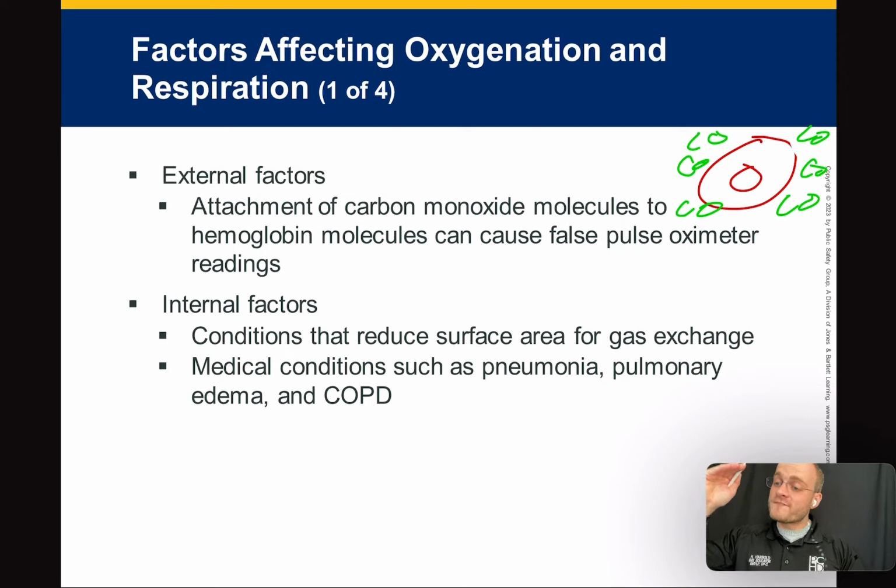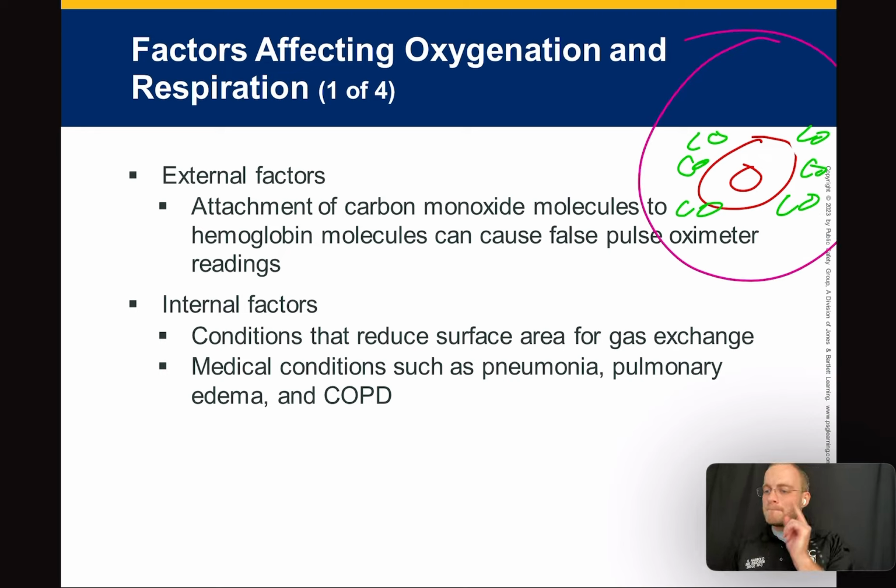They have very little oxygen in their blood because all their little hemoglobin molecules are sucked up by carbon monoxide. So when it reads 100% in carbon monoxide poisoning, it's falsely elevated, okay? The hemoglobin is 100% saturated, but it is not truly 100% saturated with oxygen.